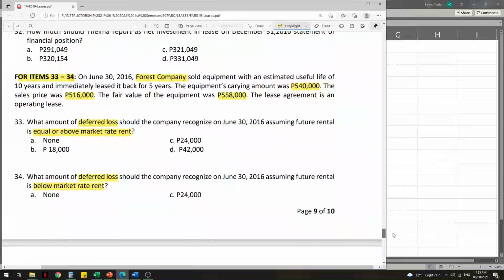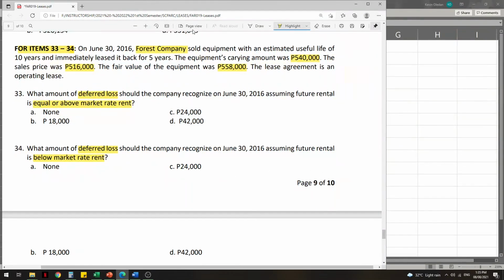Our scenario here is that tinatanong sa atin ano ang deferred loss, and we are on a situation wherein the selling price is less than fair value. In which case, dapat ang loss is immediately recognized unless there is a below market rate rental for the future.